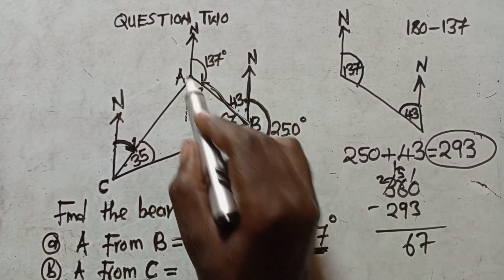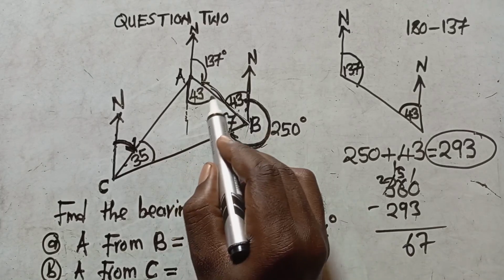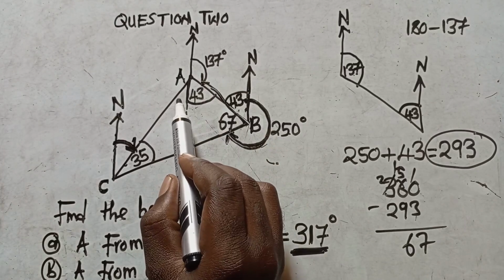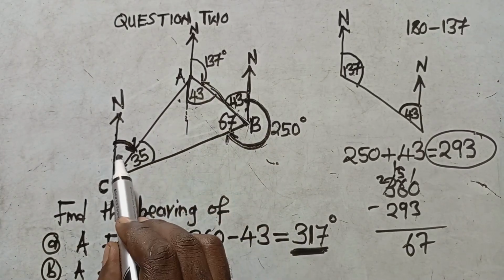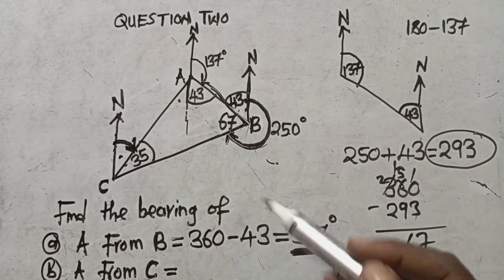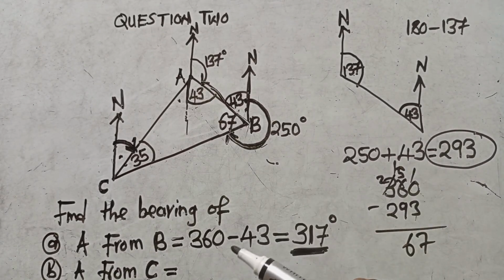I know that these angles that are formed like this is 43. Even that one there is 43. And the angle that is there is equal to the angle that will be there. I'm just using principles to answer these questions. So even you, this is what you're supposed to do when you encounter this particular question in an exam.